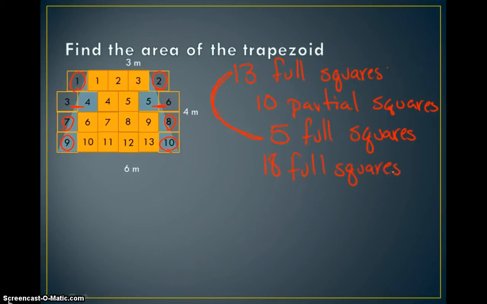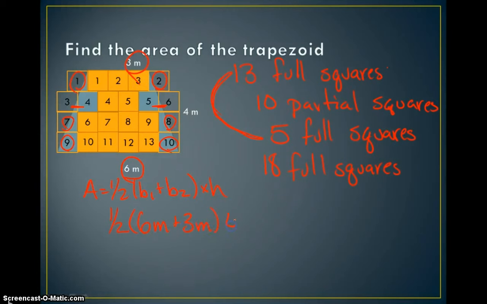The area equation allows us to do this a little bit more accurately, and I think a little bit faster as well. So we say the area is equal to 1/2 B1 plus B2 times H. And we have 1/2. My base 1 is the 6 meters on the bottom. My base 2 is the 3 meters on top.